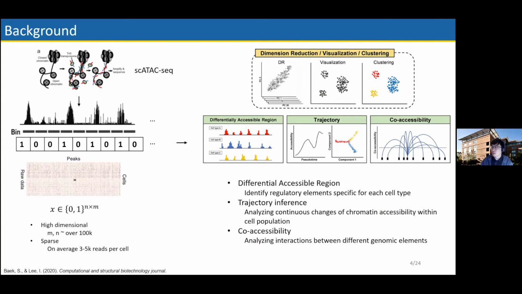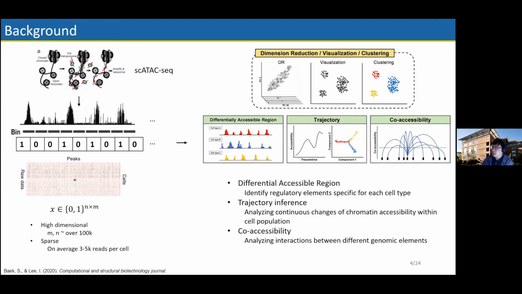This cell type information would then help researchers fully utilize the power of single cells for many downstream tasks. For example, finding the differentially accessible regions between different types of cells, which identifies regulatory elements specific for each cell type. And we can also use that information to infer the cell developmental trajectory.